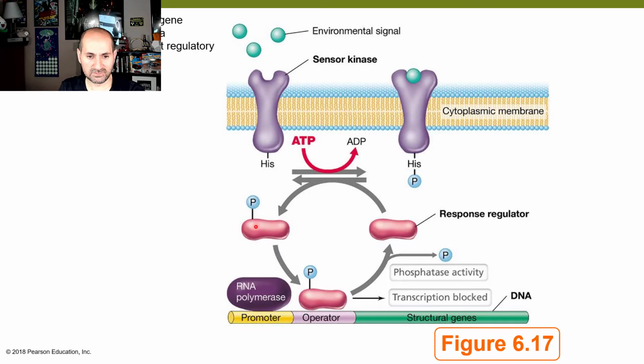So now the response regulator is phosphorylated. And in this case, look what it can do. The phosphorylated form of the response regulator can bind to the operator, blocking gene expression. So in this case, the response regulator is actually a repressor, but it's only an active repressor when phosphorylated by this two-component regulatory system pathway.